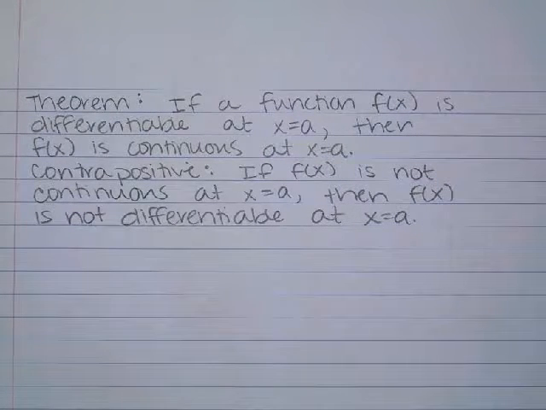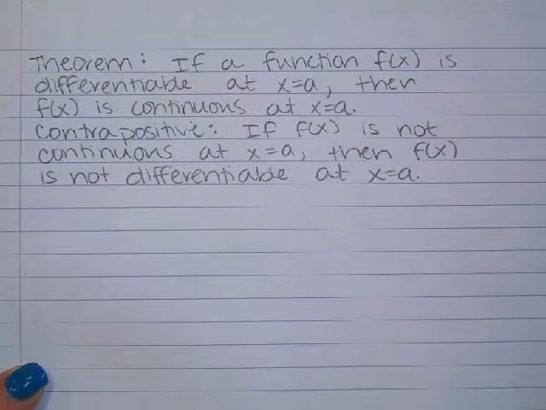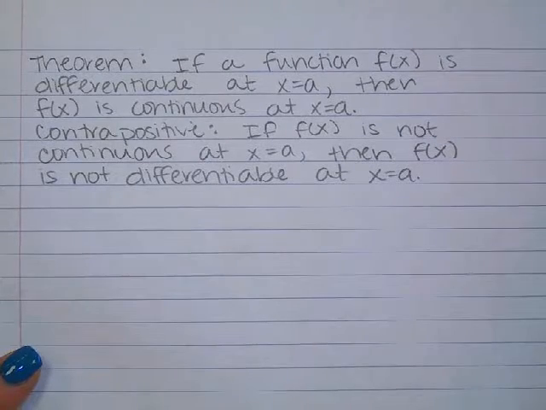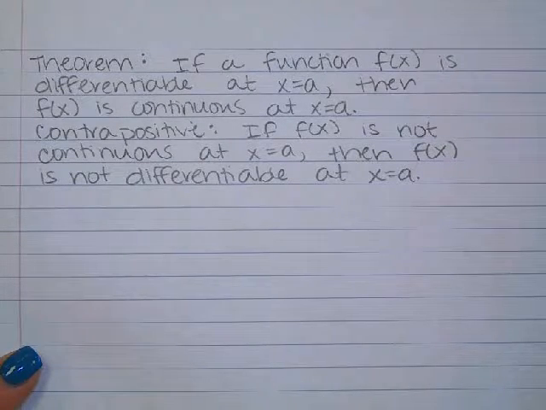I'd have to look up the definition. That's like the mathy word for the opposite of this, or the reverse. The thing that follows if you flip the whole thing. It's the opposite direction, which is definitely still true.